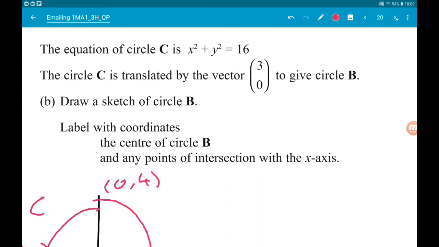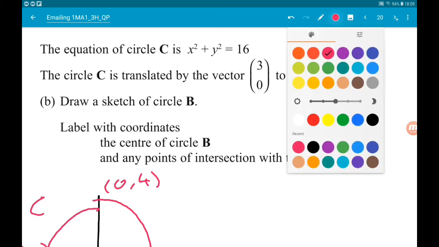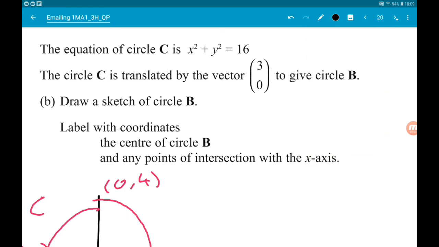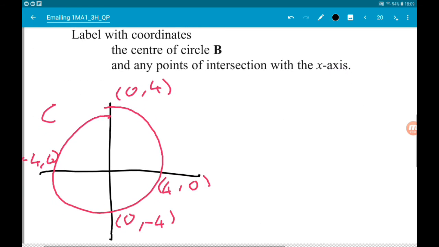We want to draw a sketch of circle B, label with coordinates the centre of circle B, and any points of intersection with the x-axis. So we don't need to worry about the y-axis. Okay, so all that's going to happen is circle C goes right by 3.